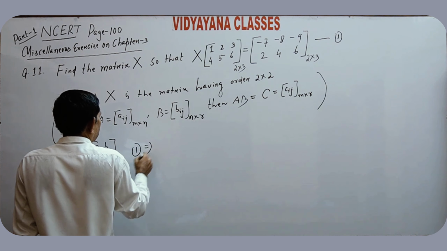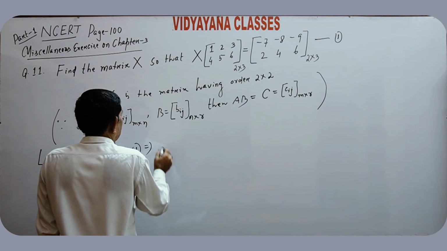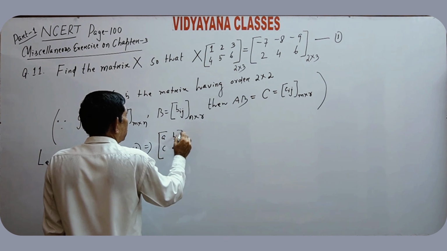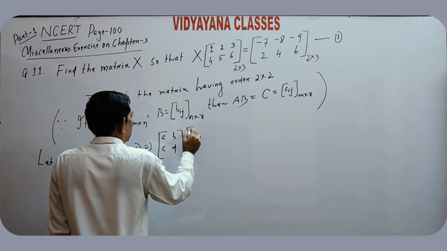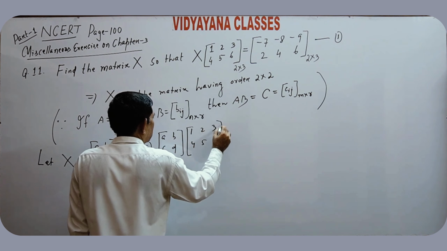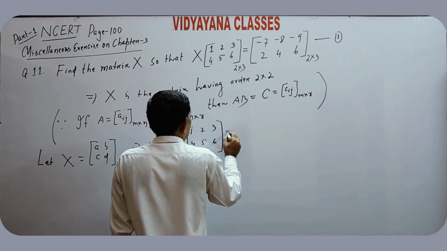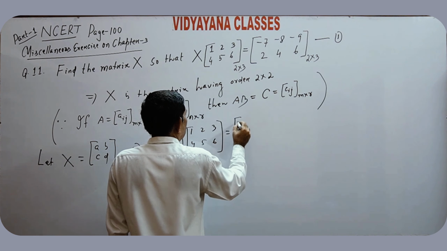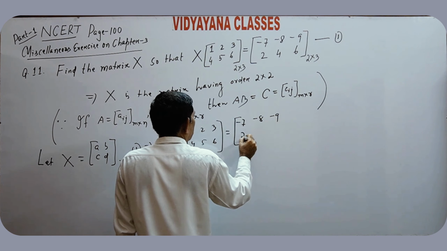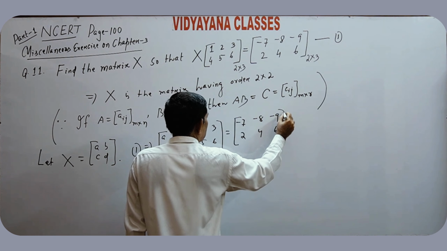Equation 1 implies: the matrix A, B, C, D times the matrix 1, 2, 3, 4, 5, 6 is equal to the matrix -7, -8, -9, 2, 4, 6.